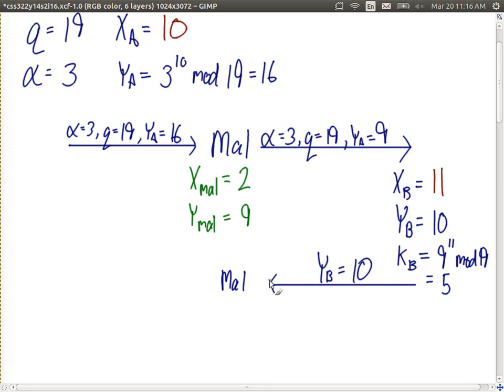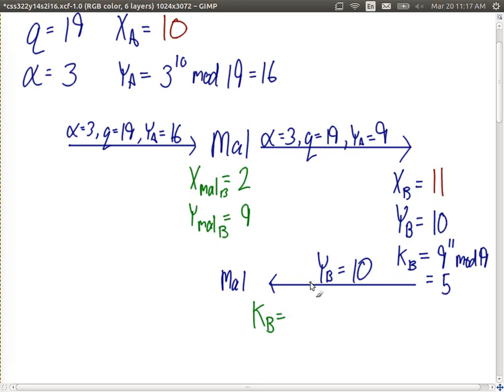What does the malicious user do? It needs to do a couple of steps here. It can calculate K. All right, to be more specific here, let's call this X malicious B, the one we're using with B. So we receive YB and we calculate, let's say, the K that B has.